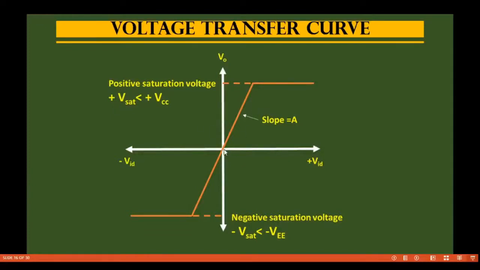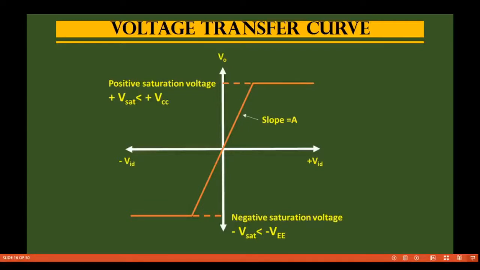And in case of a negative VID, if the difference in the input voltage is negative, then the output gets saturated in the negative region, and that is nearly equal to negative of VEE, right? So the slope of this linear part is given by the gain of the operational amplifier.